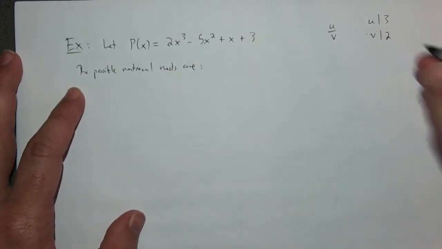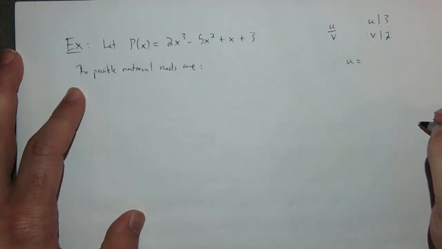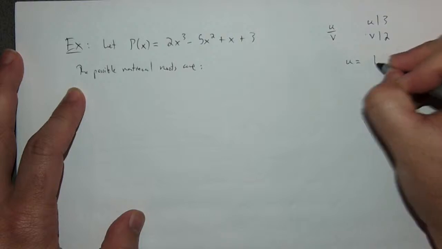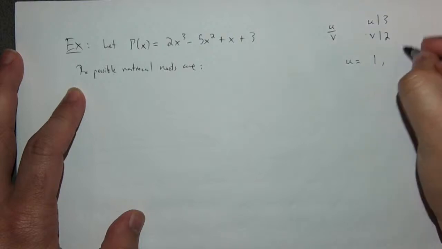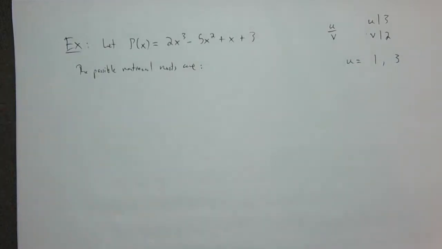So what are the possibilities of u here? So u could be 1, could be 3. These are prime, so my job is easy in a sense. But remember, I'm looking for all rational roots, so there's no reason to exclude the negative ones.